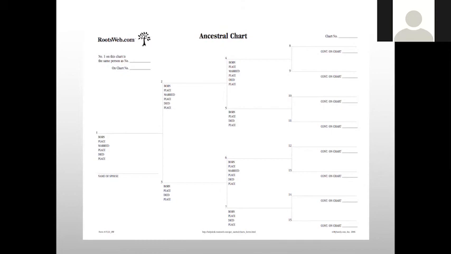Number 10 and 11 will be your grandmother's parents. 12 and 13 will be your maternal grandparents' parents, and number 14 and 15 will be your maternal grandmother's parents. So as I said, these will be your direct line ancestors.